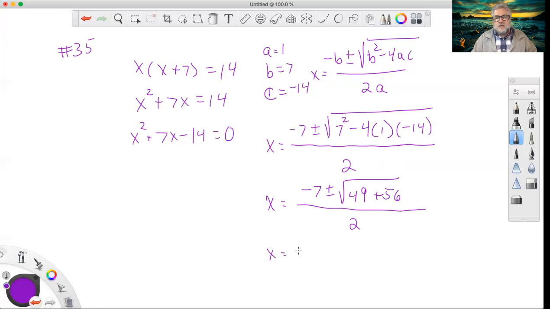So this will be minus 7 plus or minus the square root of... I need a calculator. Hello, calculator. Oh, there it is. It looks like that's 105. 49 plus 56 is 105.